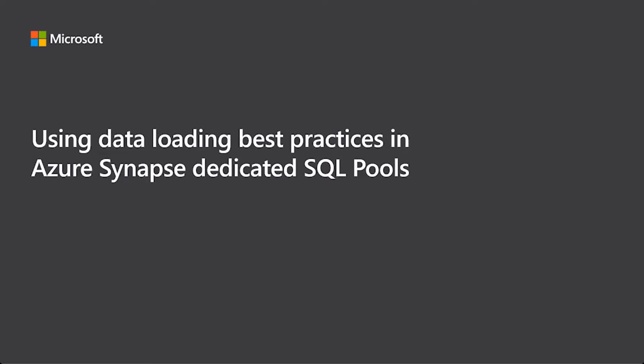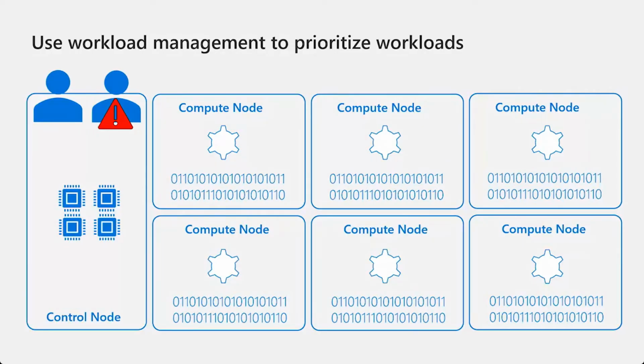Let's explore the data loading best practices in Azure Synapse dedicated SQL pools. One of the best practices that should be followed is to limit the number of concurrent connections while loading data. If you're unable to minimize the amount of concurrent load jobs, allocate fixed resources to a workload group. Assign maximum and minimum usage for varying resources under load. These adjustments can be done live without having to take Azure Synapse Analytics offline.